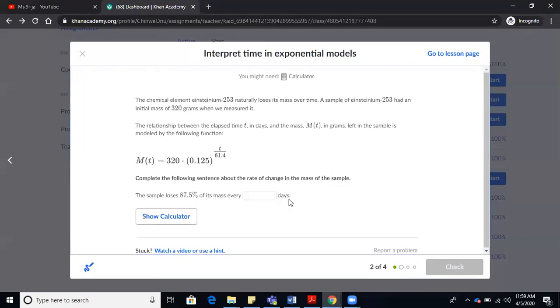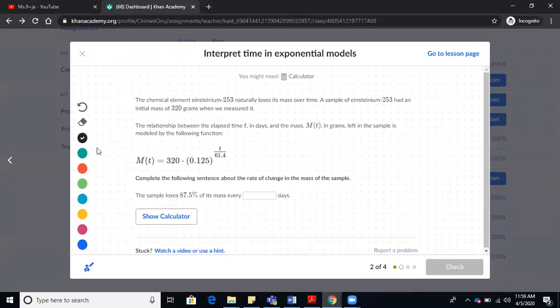For the interpret in time, you want to look at the denominator of your exponent, and that's going to tell you your time intervals. This is pretty much the easiest of the March ones.